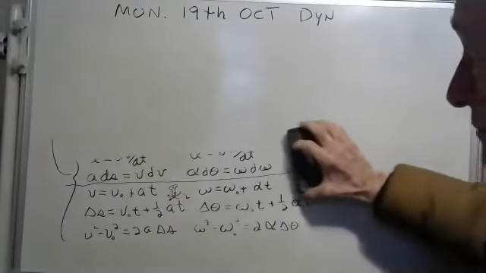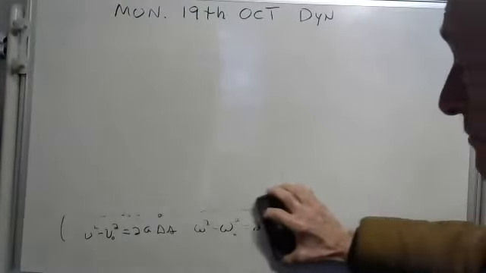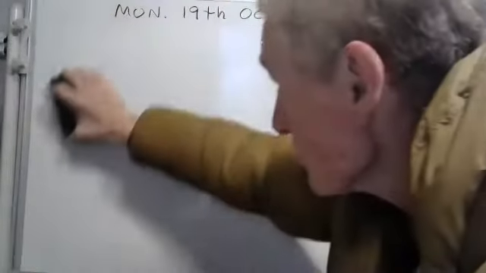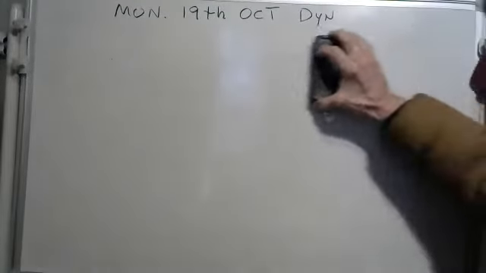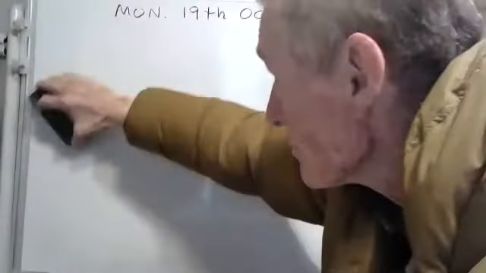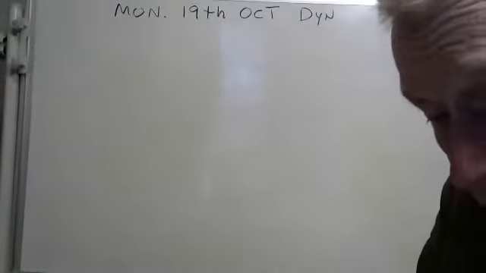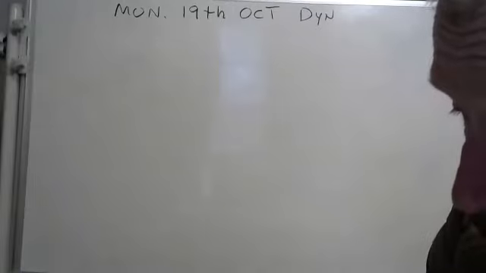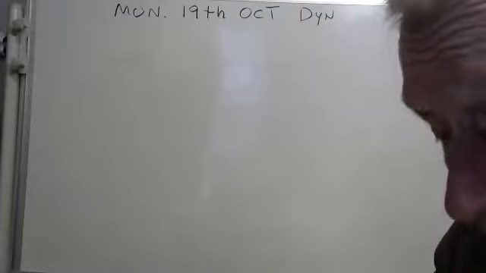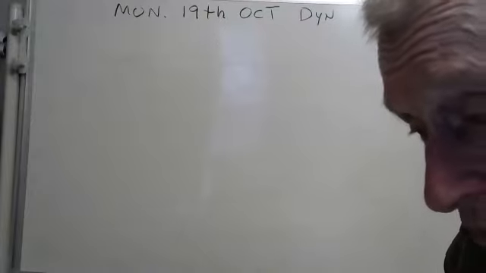But you can see where we're headed. Once we have mastered pure translation and pure rotation, then we get into the really exciting stuff. General equations. Because like a car going down the road, it's got both translation and rotation.